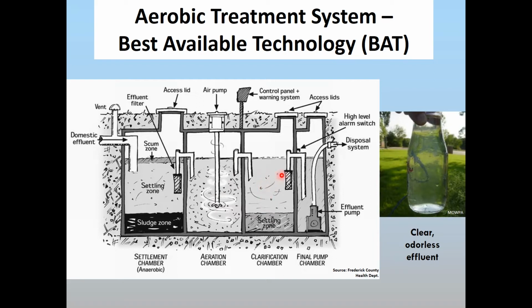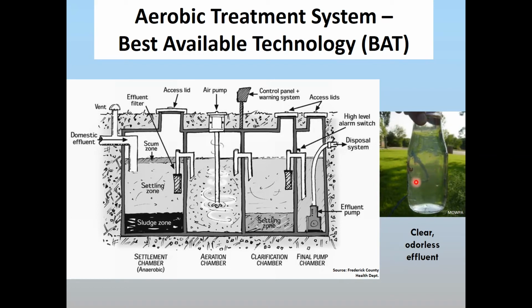And then from there, the wastewater can be recirculated back through the system to enhance the overall treatment, or it goes into another chamber, and then it can be either pumped or gravity flow out to the drain field. Important to notice the water quality that comes out of one of these ATUs or BAT units. It's very clear in contrast to almost like a black or brown water out of a normal septic tank.